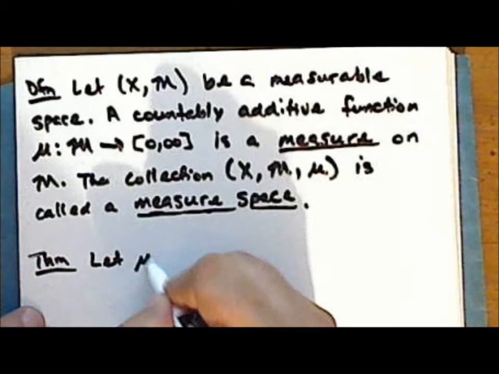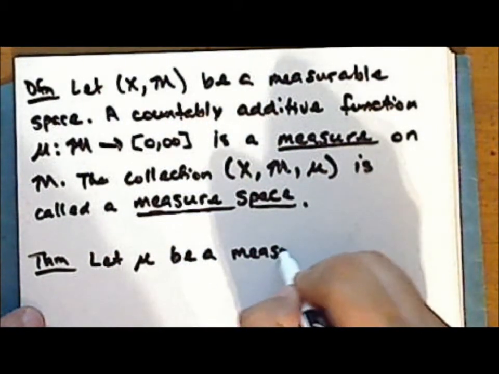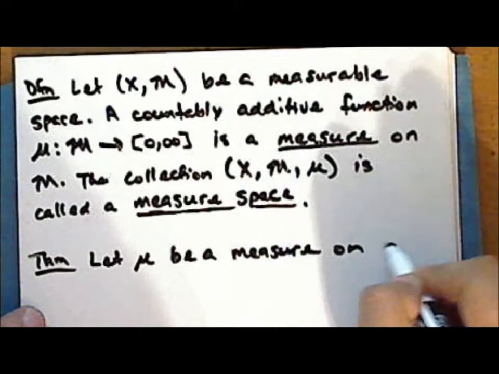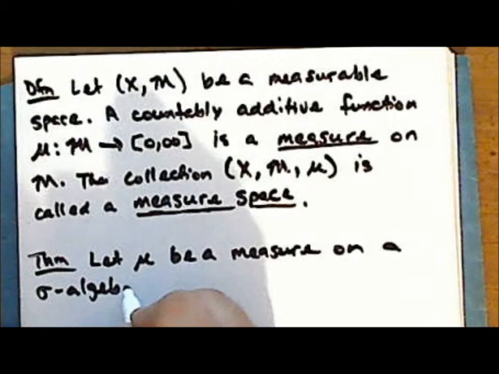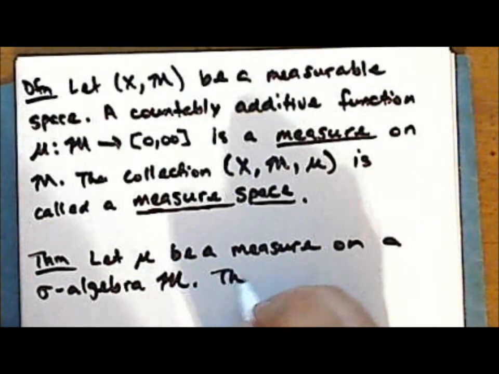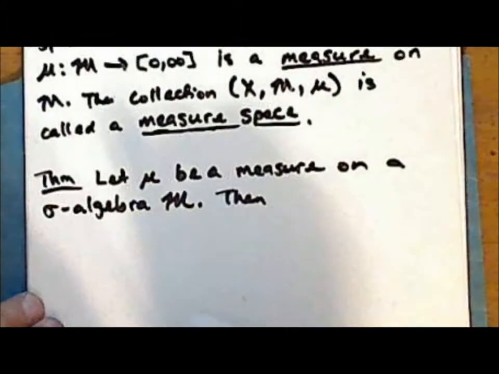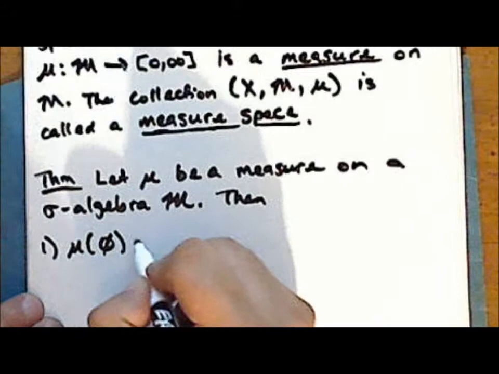So let mu be a measure on a sigma algebra script M. Then, one, the measure of the empty set is 0.